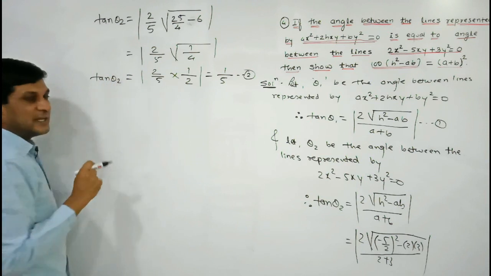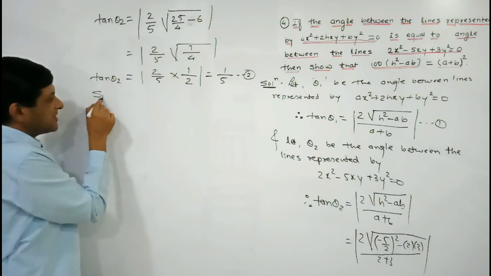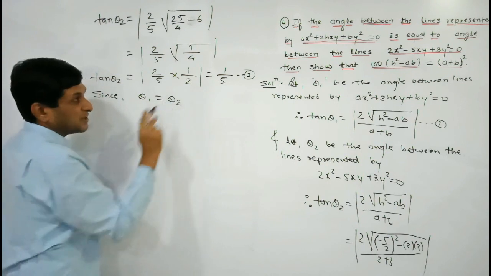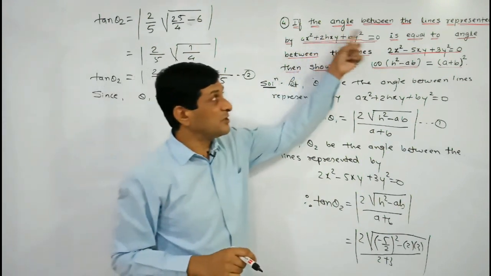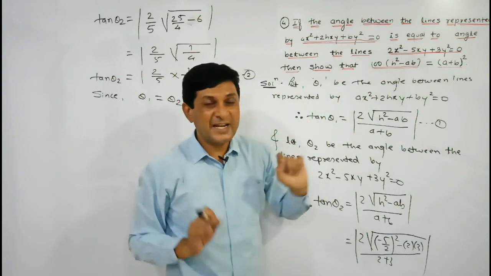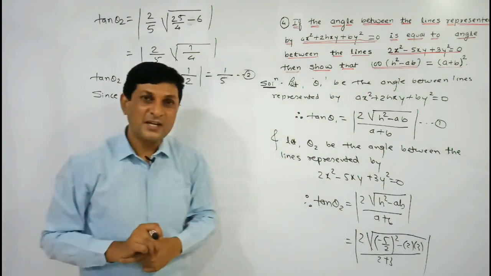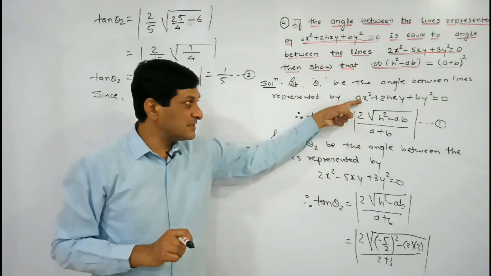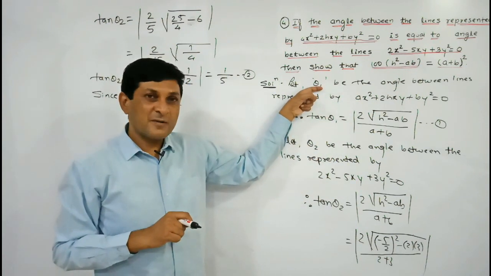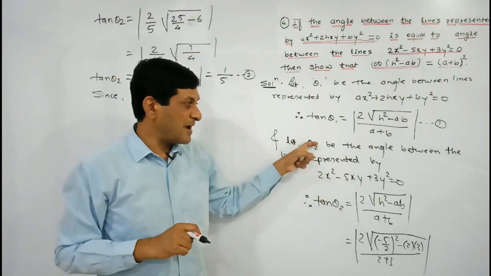Which is nothing but the value of tan theta 2. Now it is given to us that theta 1 and theta 2 are equal, because the angle between the lines represented by the first equation is equal to the angle between the lines represented by the second equation. The angle for the first equation we have denoted by theta 1 and for the second equation by theta 2.